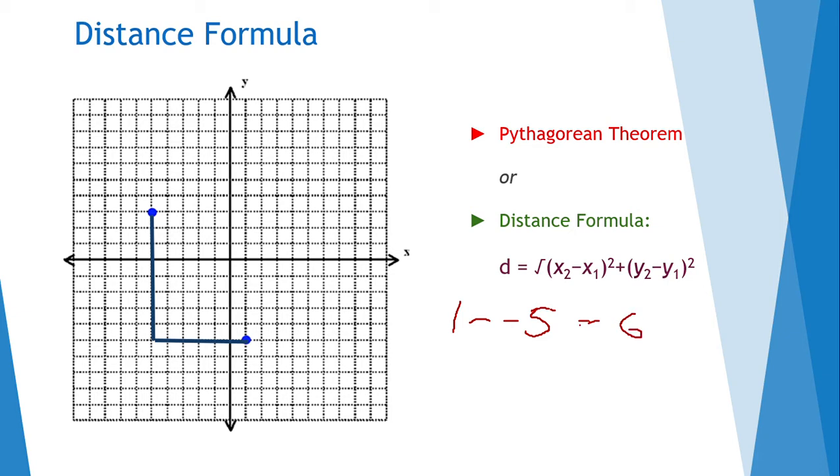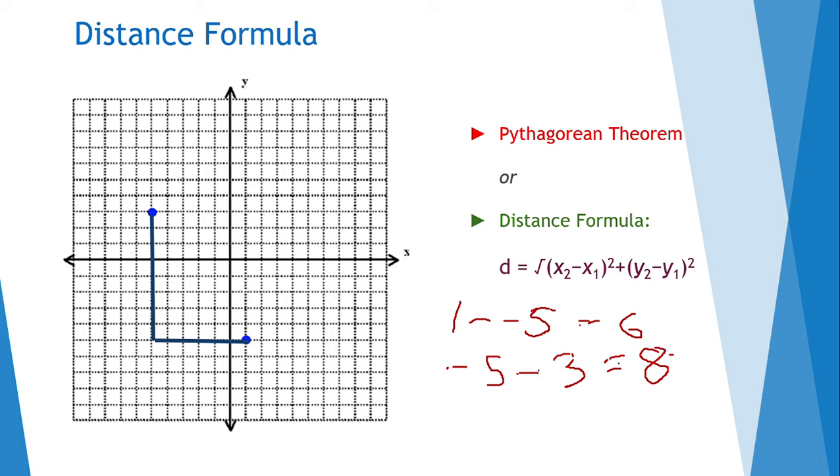And the total vertical distance is the second y-coordinate minus the first y-coordinate, so that would be -5 minus 3, which would give me 8. We're disregarding the negative sign because triangles can't exactly have negative side lengths.